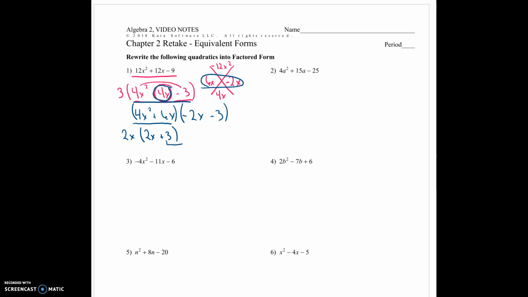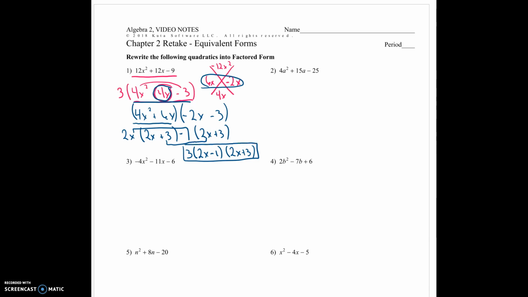That means when I factor the GCF on the second set, these will match, so I'll have another 2x plus 3, and I factored out a negative 1. Now I have my factors in front of me. One set is 2x minus 1, the other is 2x plus 3, and I do not want to forget about my GCF of 3. So this is my final answer for number 1.